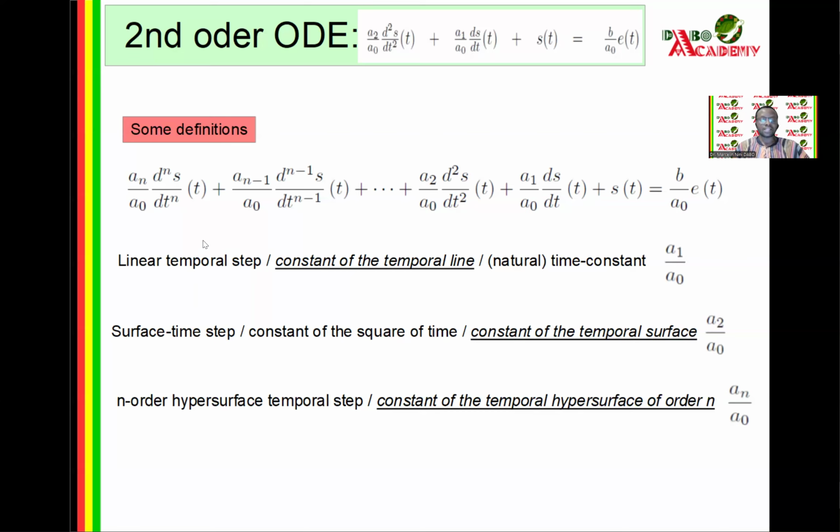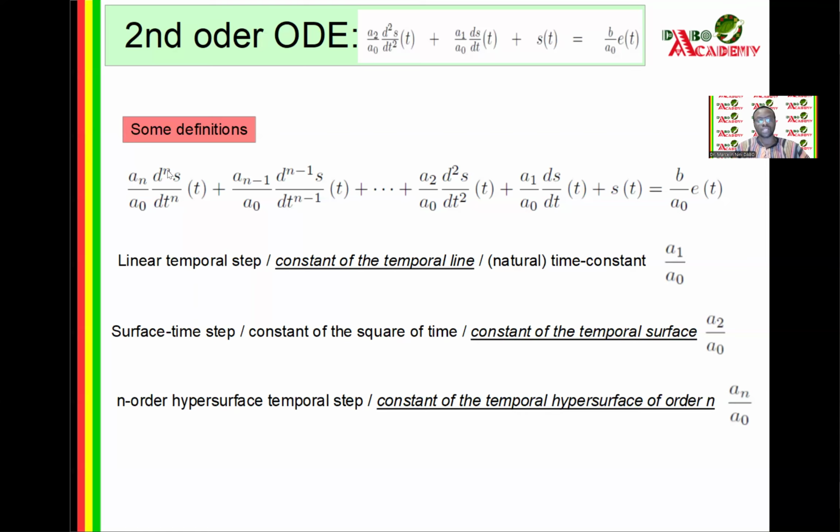And then this, I call this A1 over A0 the n-order hypersurface temporal step, because if the system is moving from the same philosophy, from the same paradigm, I consider that the system will do steps.